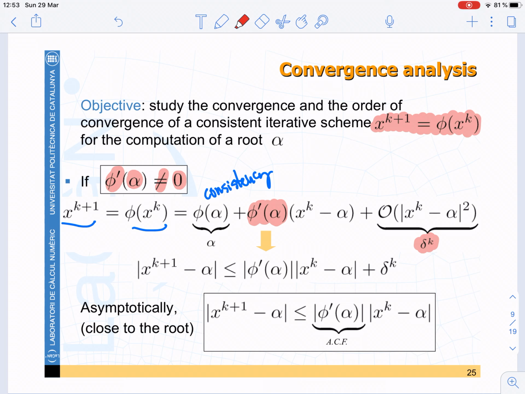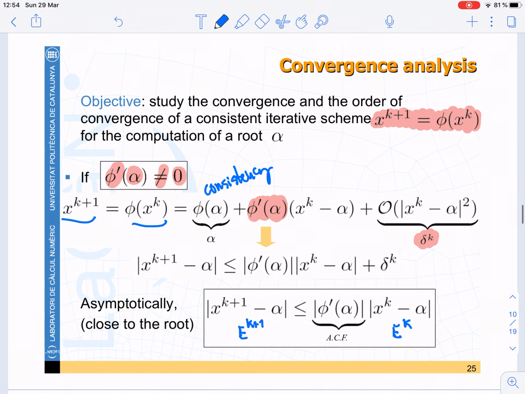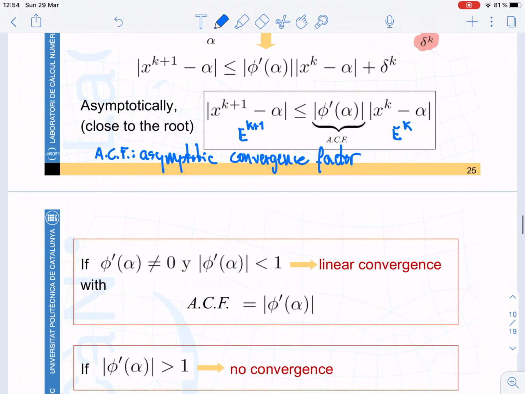Which means that asymptotically error k plus 1 and error k are bounded by this expression where ACF is the so-called asymptotic convergence factor, which plays the role of scalar lambda in our definition of first-order convergence.